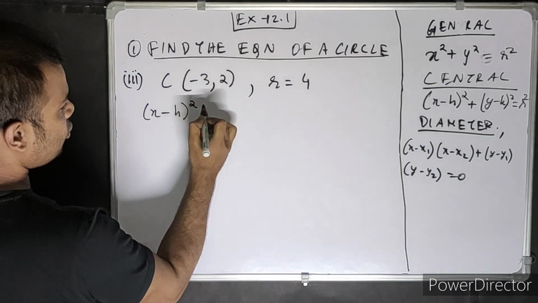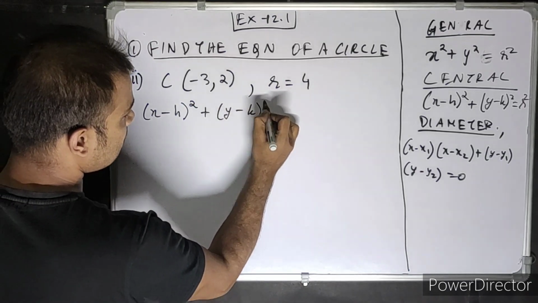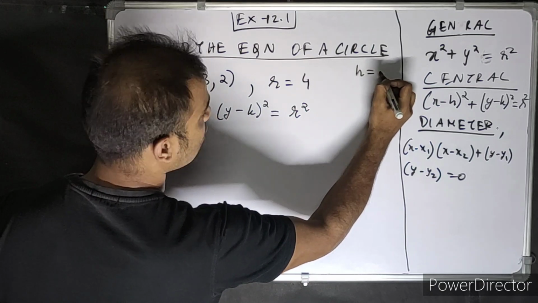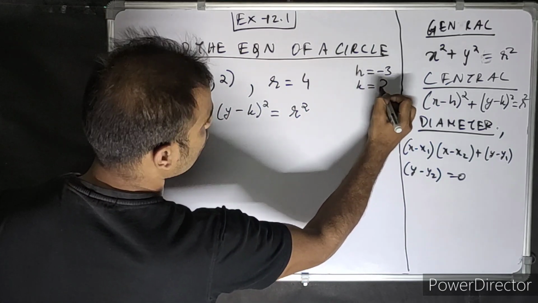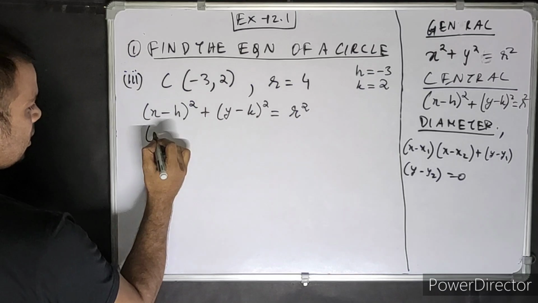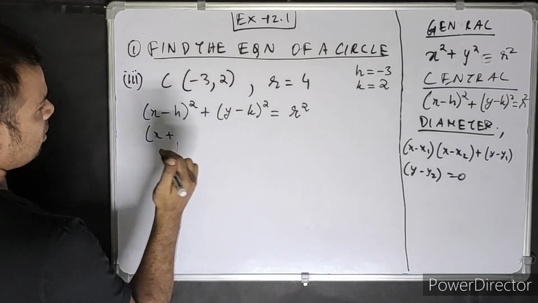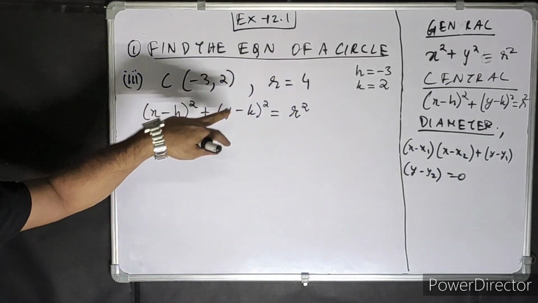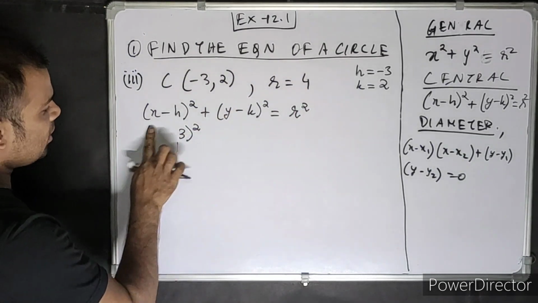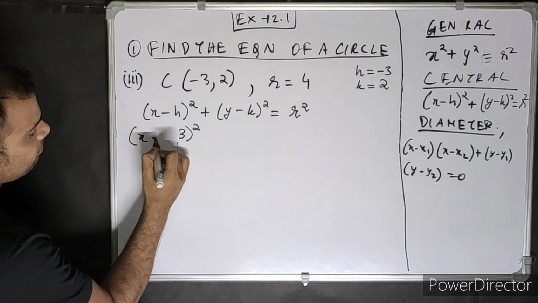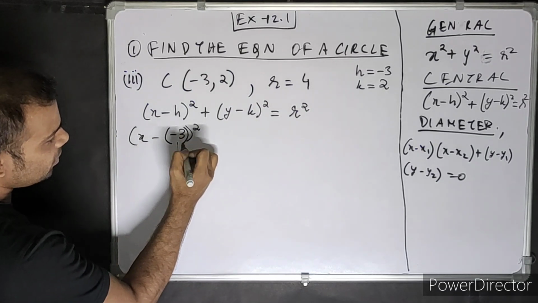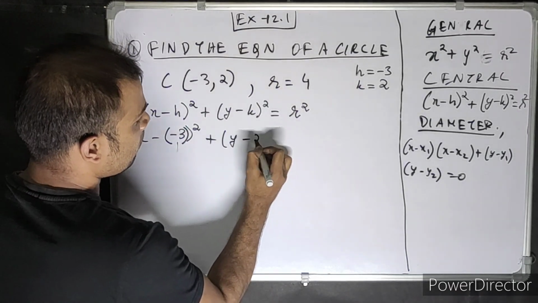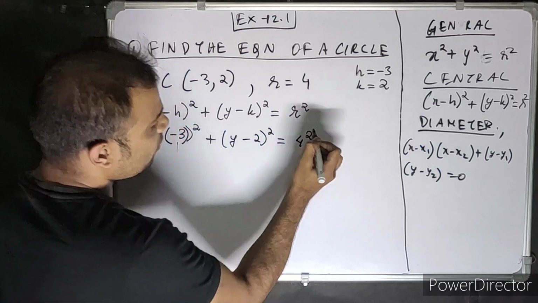So x minus h whole square plus y minus k whole square is equal to r square. Here h is equal to minus 3 and k is equal to 2. Every time I will not write that. You have to understand: x plus 3 whole square, and y minus 2 whole square is equal to 4 square.